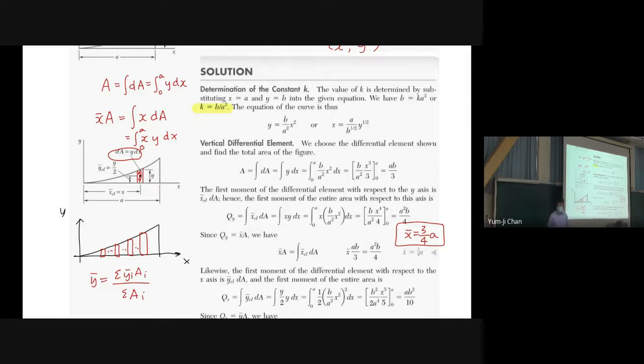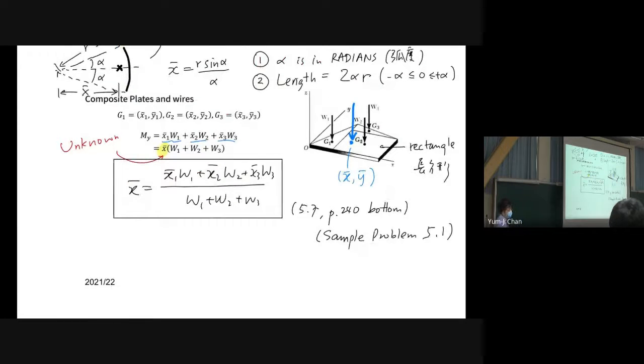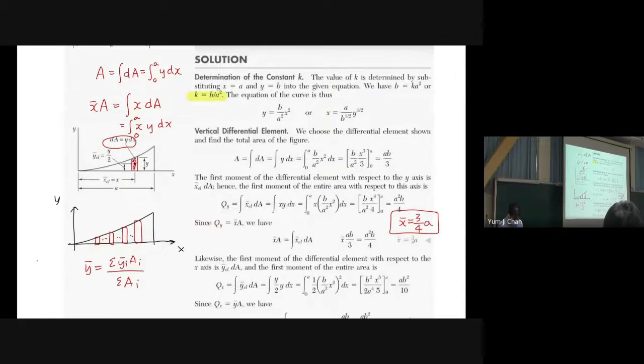It is on page 54, equation 5.7 in the book.